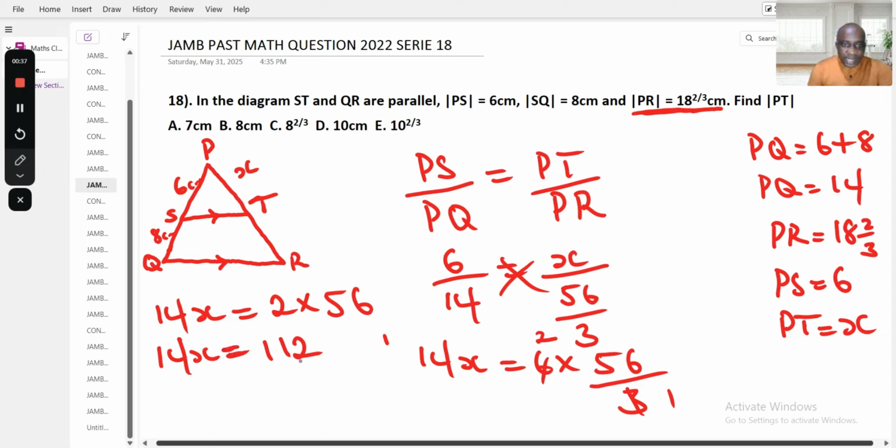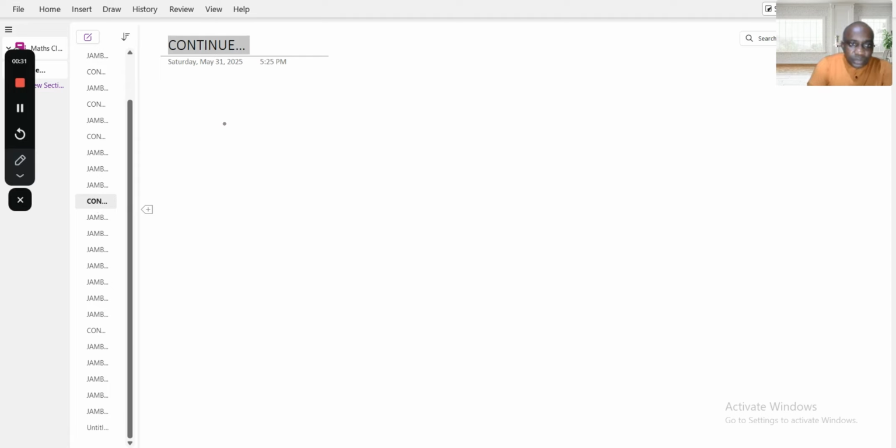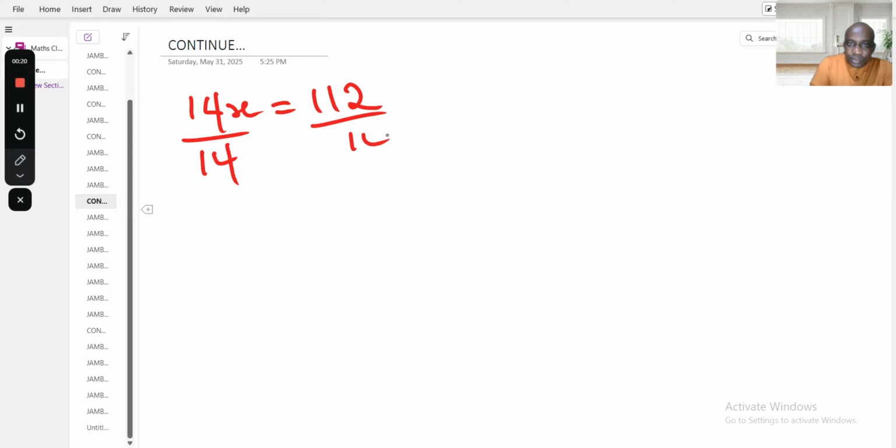Let me write it on the next page. What we have left here is 14x equals 112. Now, let's divide both sides by the coefficient of x, which is 14. 14 and 14 cancel. How many 14 can we see in 112?